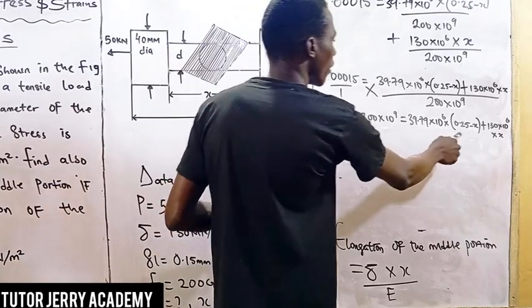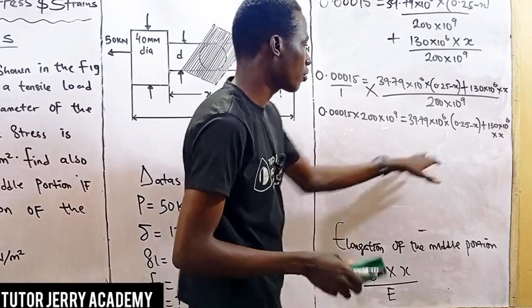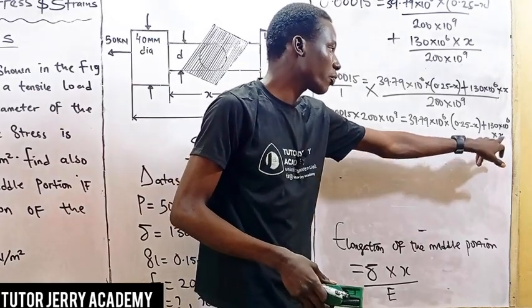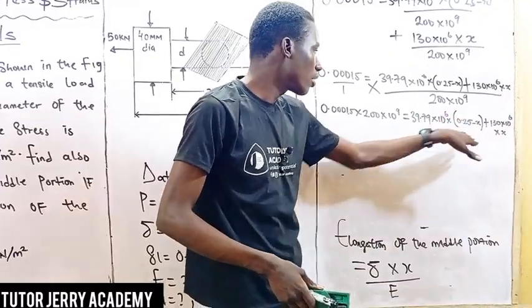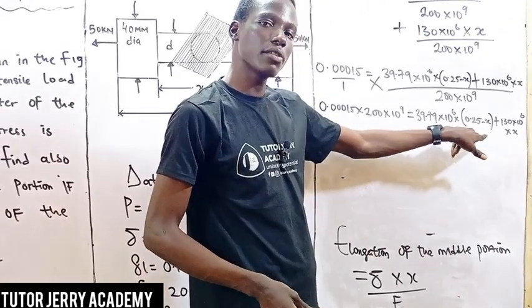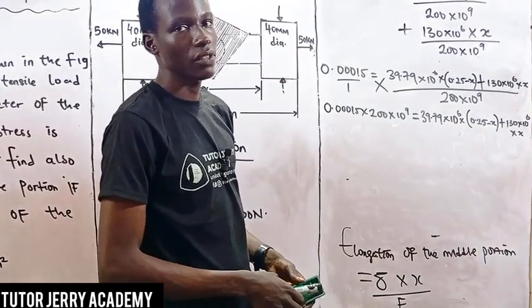We have x here and x here. So what do we do? We clear this bracket first. After clearing the bracket, we add the terms in x. Then we divide that value by the coefficient of x, and you're going to have the value of x.